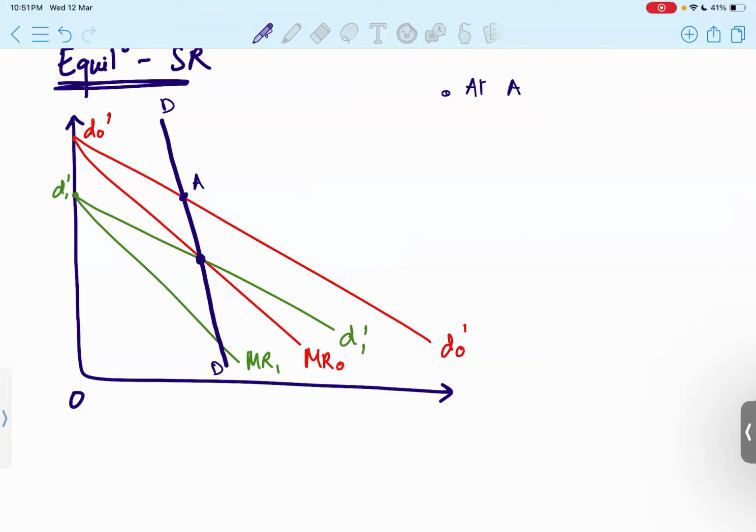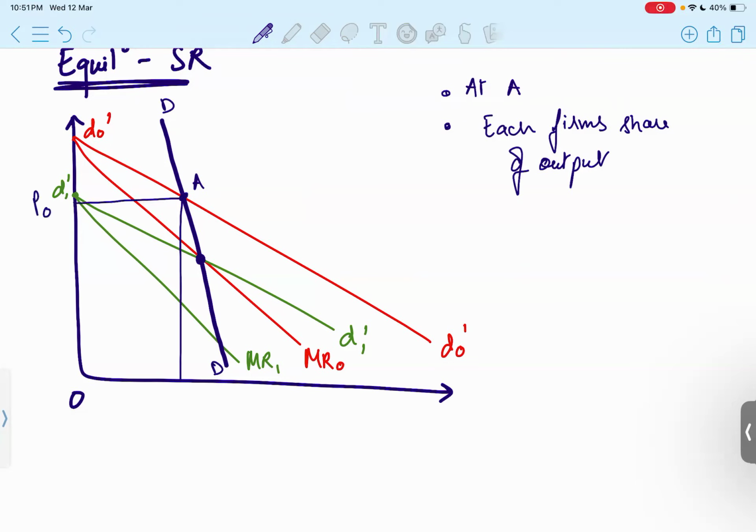At A, we see each firm's demand curve, or the demand share, at this point, the share of output that they would be producing when they are at position A. For this, we will extend it here, and it will give us the price level.